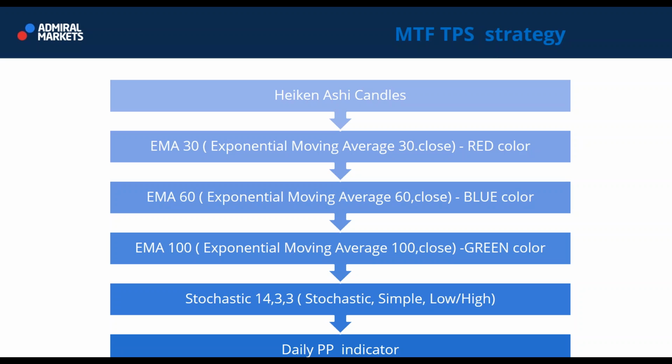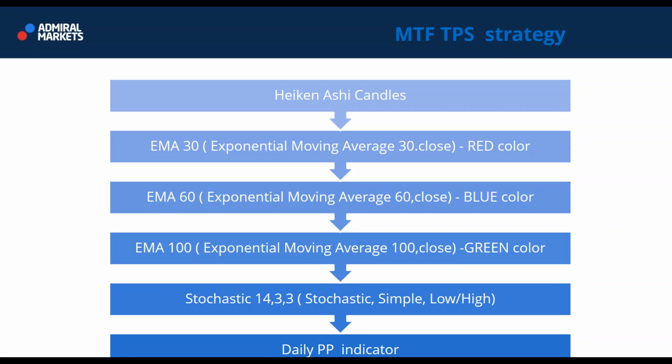I can say, investigation and research into MAs generally suggested that EMAs are better to use with Heiken Ashi. And in price action, of course, except for EMA 89, I am a bigger fan of SMAs.